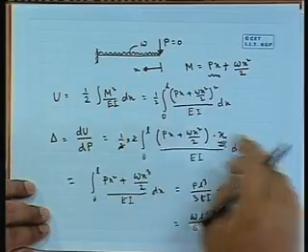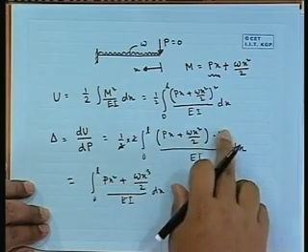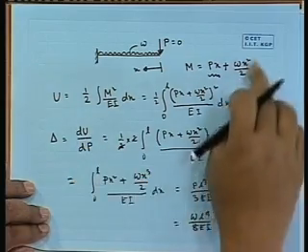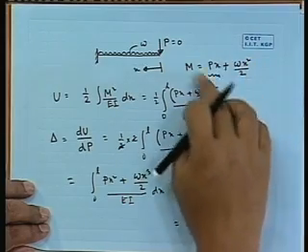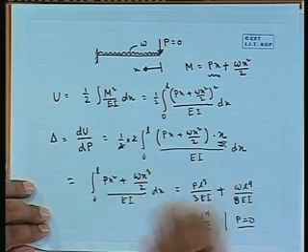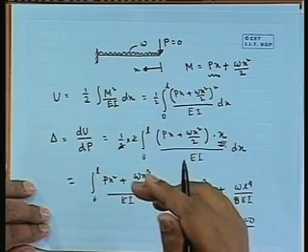Say when it was P and we are taking the expression about that. So, for P we are getting Px, and its derivative about P we are getting x. So, what is x? Because when you are taking the derivative about P, the other forces will not participate, only the effect of P. So, it is the contribution of P and we are taking the derivative about P. So, for the moment generated by P, if you take the derivative about P, it means it is basically if you put a unit load here, 1 into x will be the derivative.